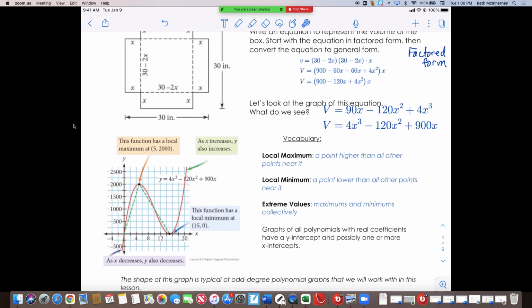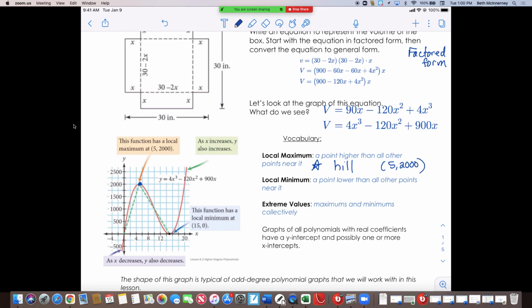We have something called a local maximum. What I would like you to write down next to this is that a local maximum looks like a hill. I know this is not mathematical, but do you see that in this picture, I have a local maximum at 5, 2000?